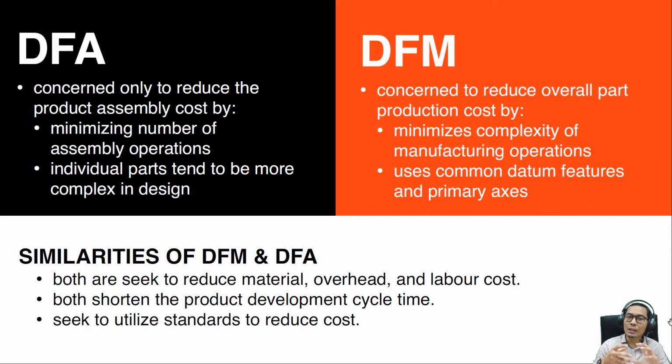Each product that has been developed has its own development cycle time. For example, if you are developing a new model of a car, it might need 1.5 or 2 or more than 2 years as the new product development cycle time.